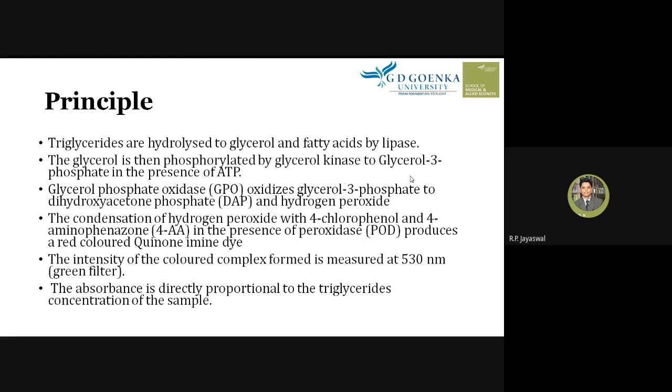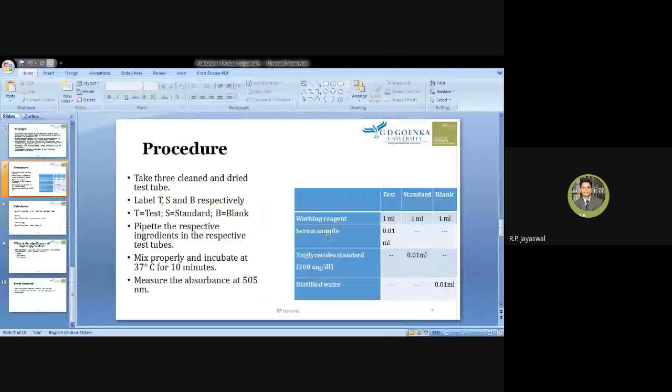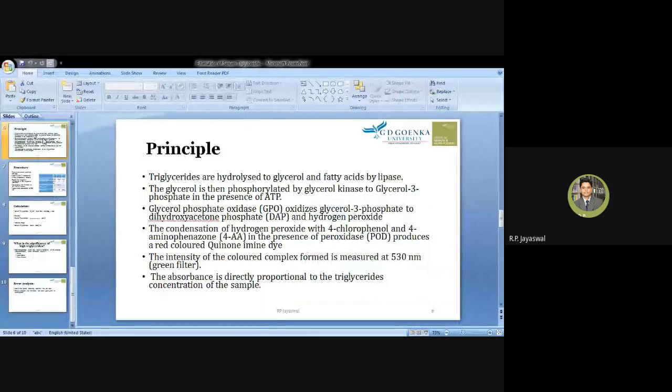Third, glycerol phosphate oxidase, GPO, oxidizes glycerol 3-phosphate to dihydroxyacetone phosphate, DAP, and hydrogen peroxide. Now the hydrogen peroxide reacts with 4-chlorophenol and 4-aminophenazone or 4-aminoantipyrine in the presence of peroxidase enzyme, and there is a quinone imine complex formation.